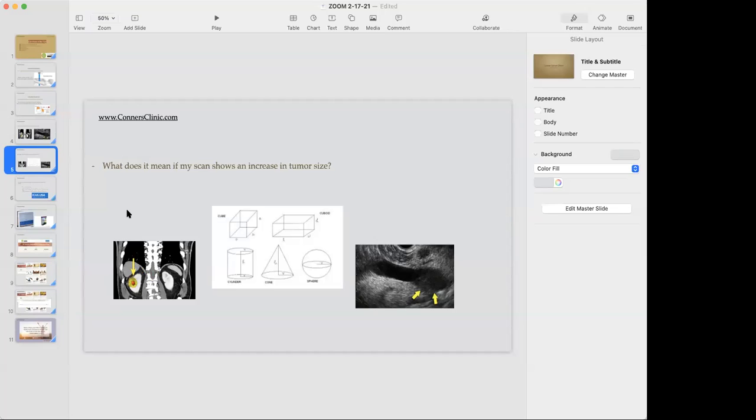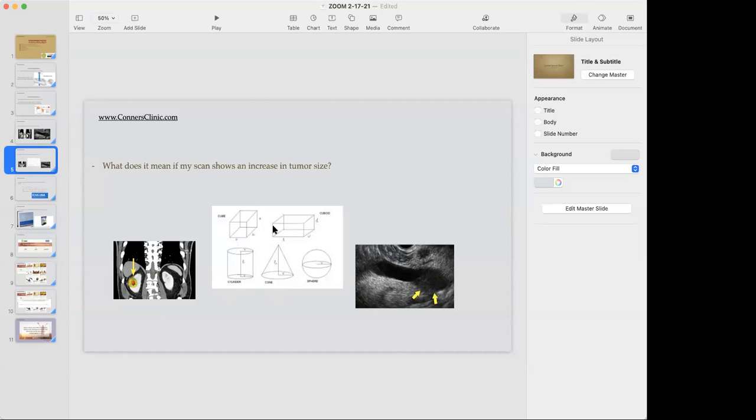Number two, the tumor can look increased in size because you're looking at a multi-dimensional tumor in a two-dimensional picture. So that's very hard to measure. The person is moving during the picture, the image. I mean, just think of this.